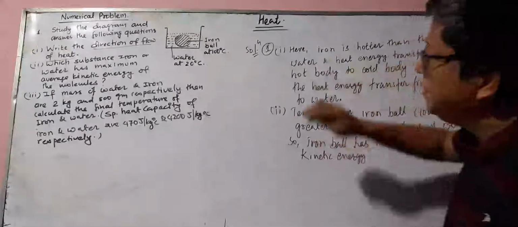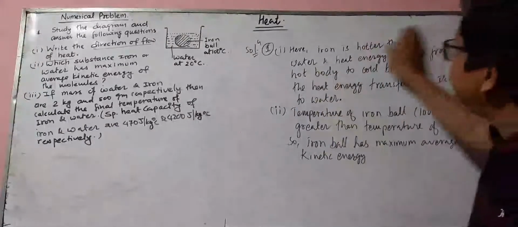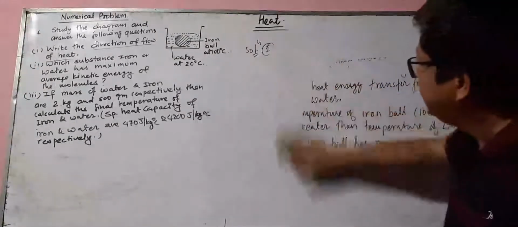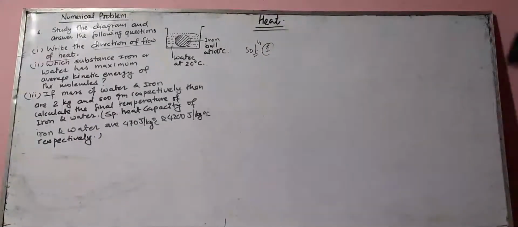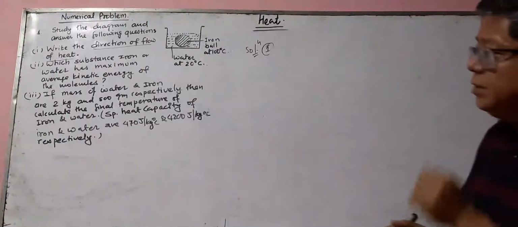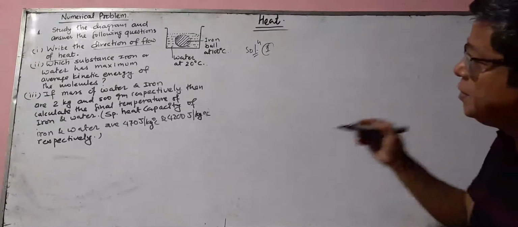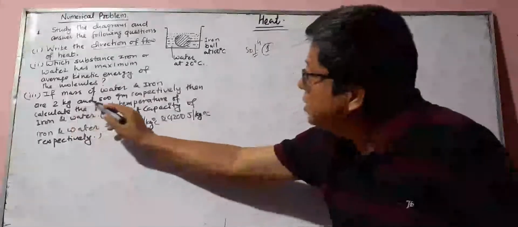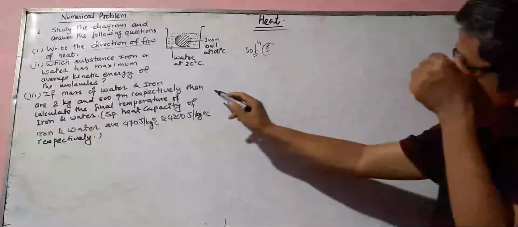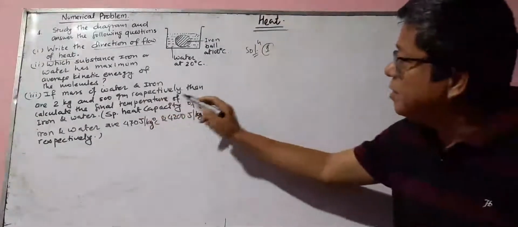Now we solve the third part. Okay, let us clear it. So in the third part we use heat equations. If the mass of water and iron are 2 kg and 500 gram respectively, then calculate the final temperature of iron and water.